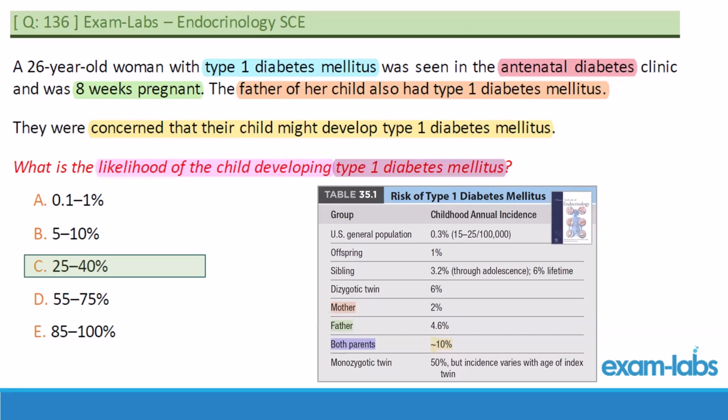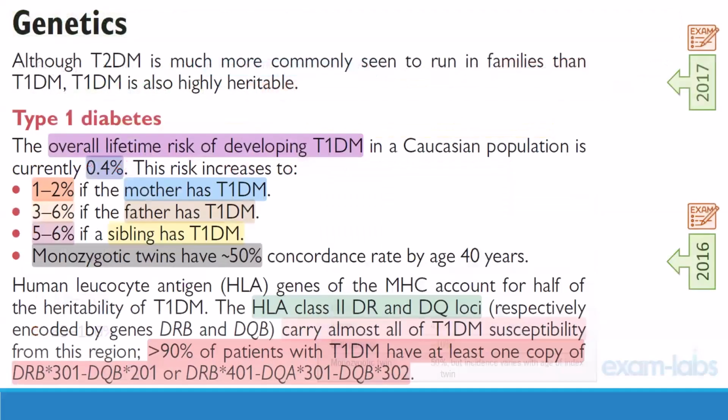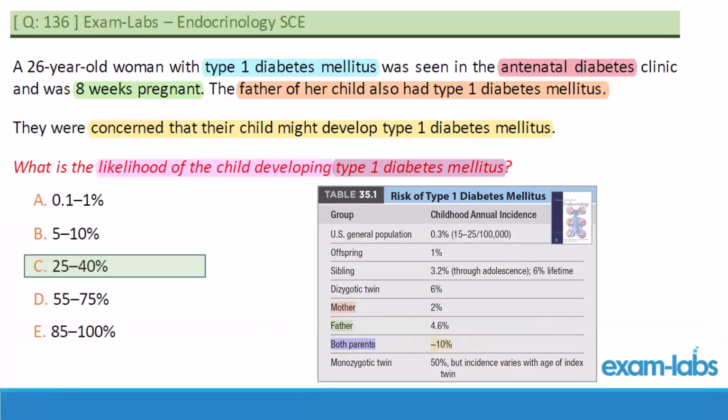Williams textbook mentioned that if both parents are diabetic, the risk will be 10%. Exam lab mentioned it is 25 to 40%. But actually, you can do another search for it and you may find another number. So in my summary, I mentioned both numbers. It is between 10% to 40%. And actually, this wide range of percentage is regarding the onset of type 1 diabetes mellitus in the parents.